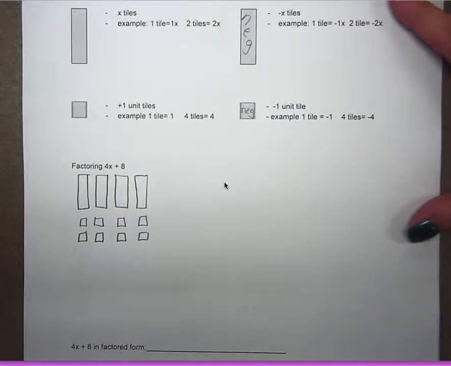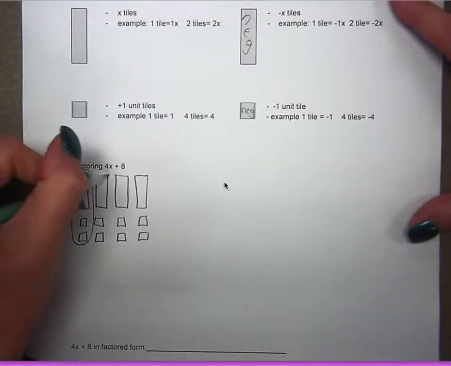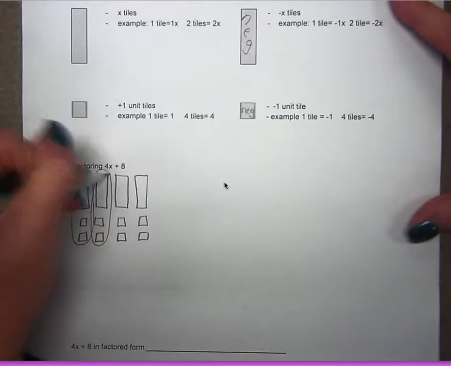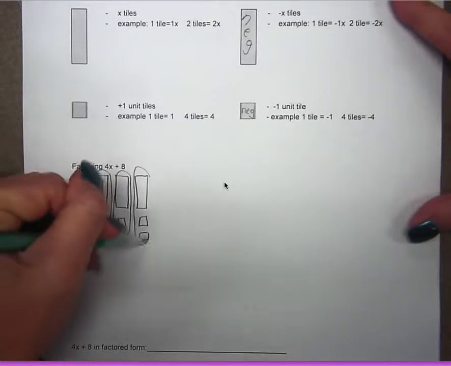So when we are factoring expressions, we're trying to put them into the smallest groups, but so that our groups are equal. So as we can see here, I actually have already put them into groups. This group is equal to this group, and this group, and this group.